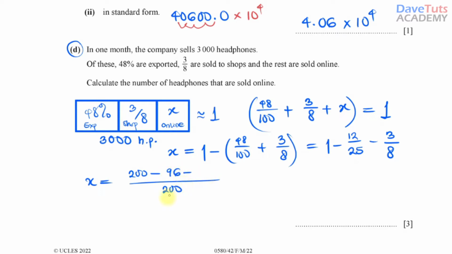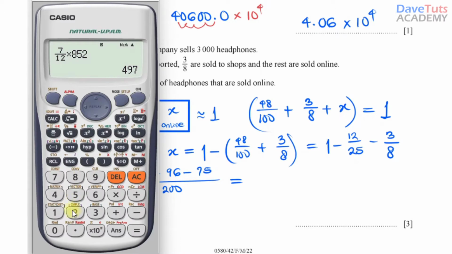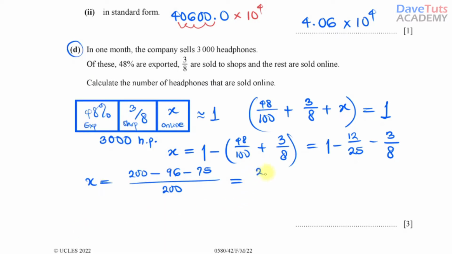Then minus: 8 in 200 is 25, 25 times 3 is 75. So this is what I need to punch into my calculator: 200 minus 96 minus 75 is equal to 29. So 29/200 is the fraction equivalent to online sales.